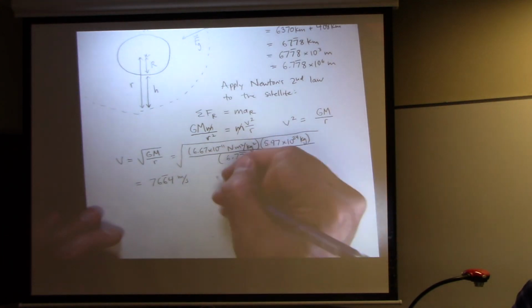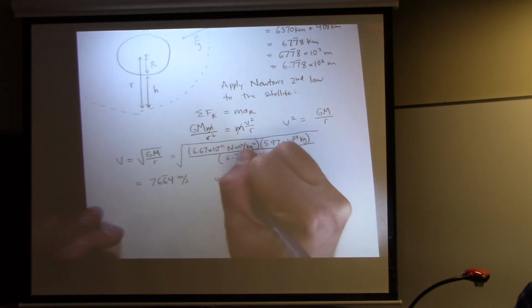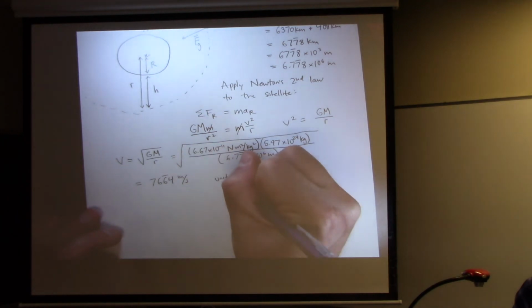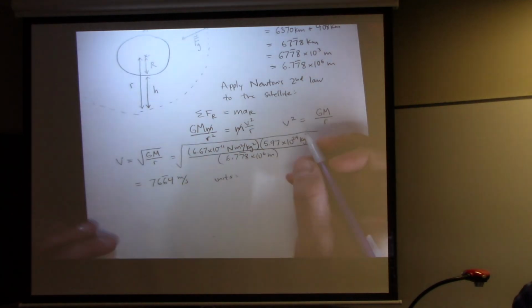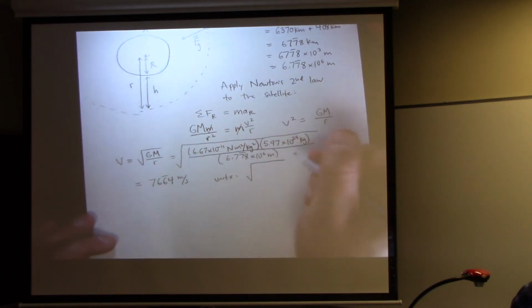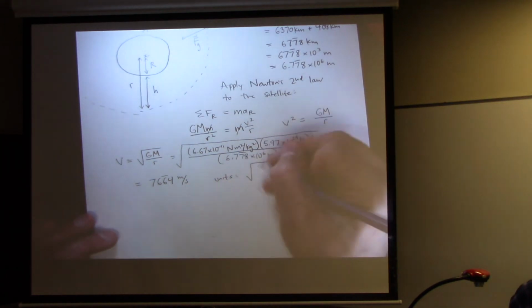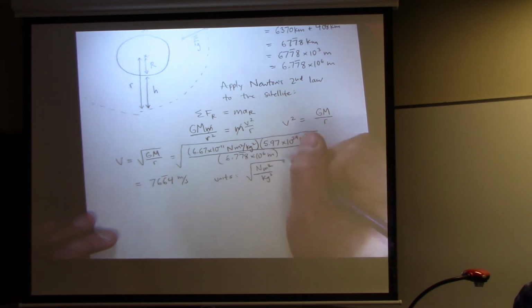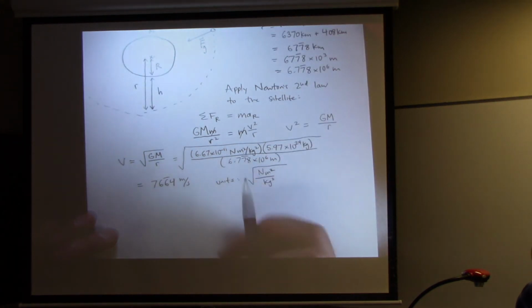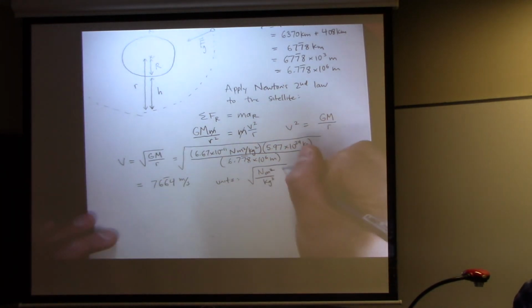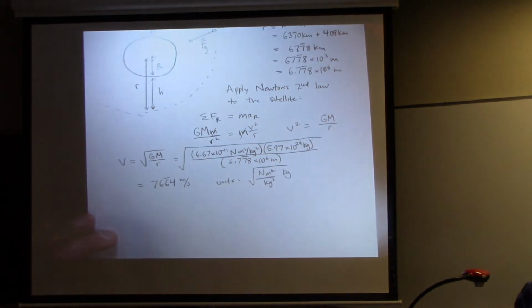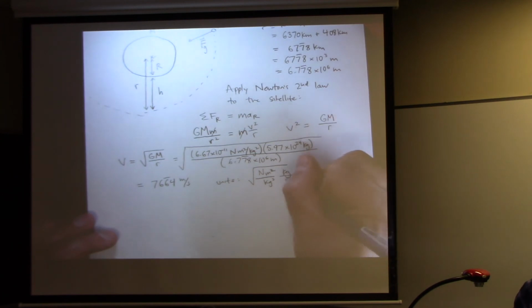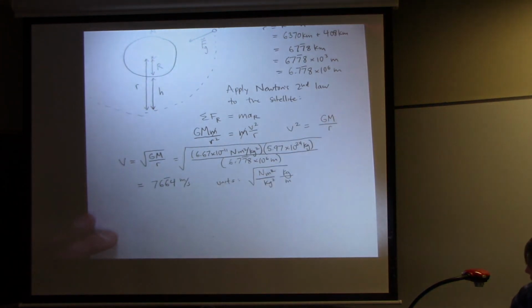Okay, so this is kind of a detour where we do an analysis of our units. Okay, so I have a square root. Over here I have newtons, meters squared over kilograms squared. That's my unit for big G. I also have kilograms on top from the mass of the Earth right there. And then I have meters on the bottom when I plug in the radius.